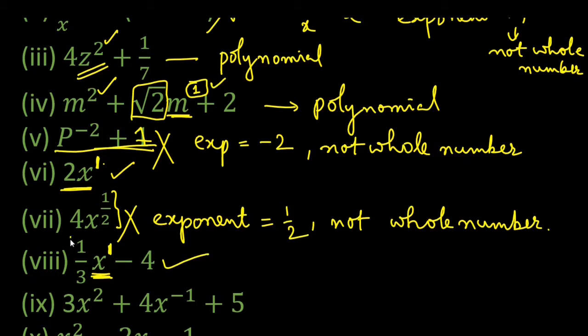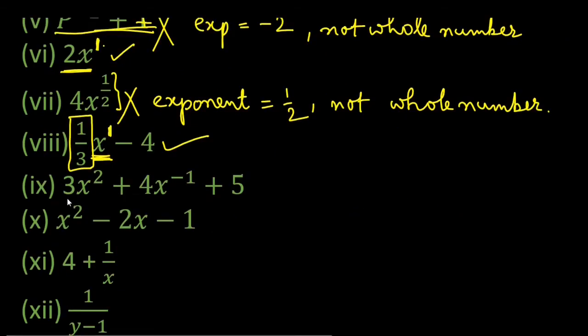Here we should not consider the coefficient. Coefficient can be any real number. For checking whether it is a polynomial or not, we should consider the exponent of the variable, not the coefficient. If the exponent of the variable is a whole number, then that is a polynomial. Here 3x square, up to this, it is a polynomial.